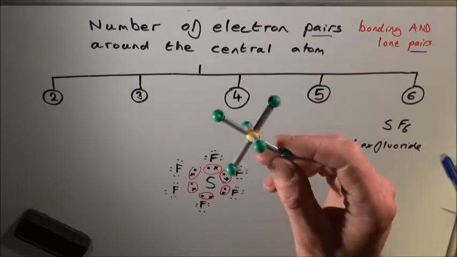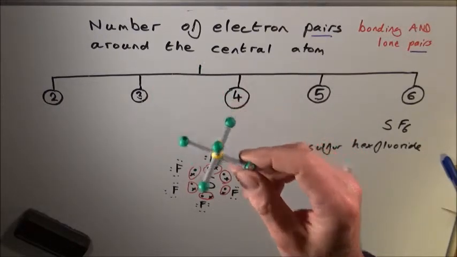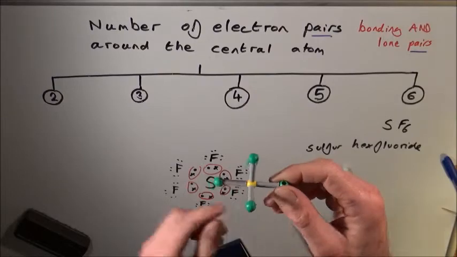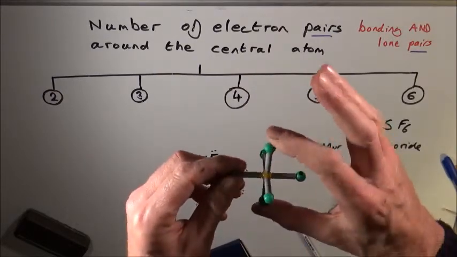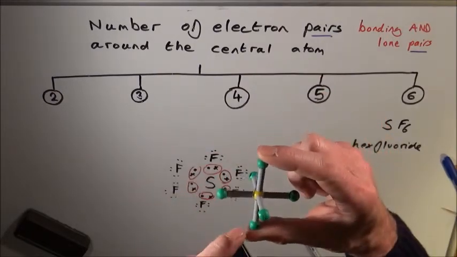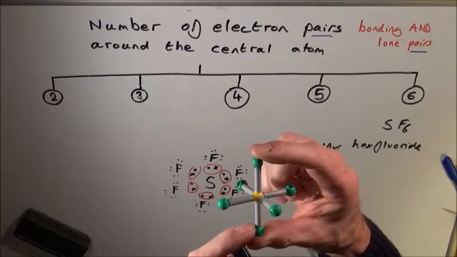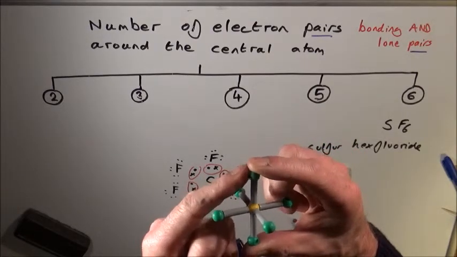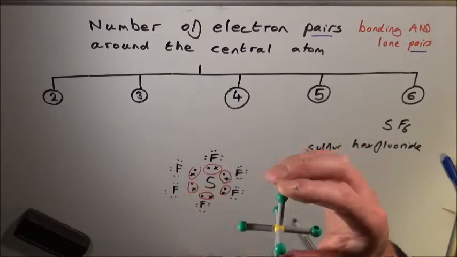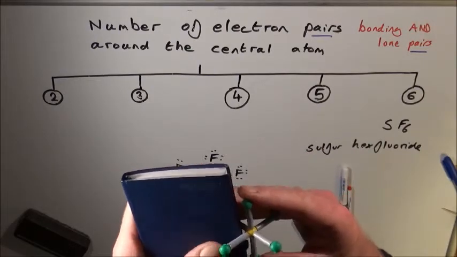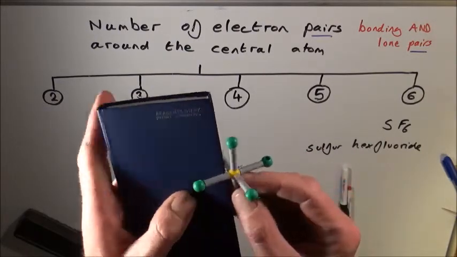Now, if I want to draw that on a piece of paper, the normal way to do it is to pretend that this fluorine, this sulfur, and the other fluorine are in a straight line, flat on the paper. So I put it like that, and then it's sort of rotated.